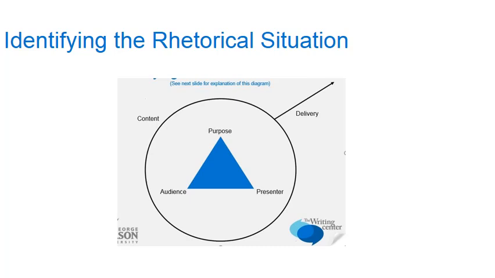Basically, you can see in this triangle there are three things you keep in view, and that comprises your rhetorical situation. The first one is purpose, then audience, and then the presenter. So this triangle is important to understand for understanding the rhetorical situation of your presentation, right?